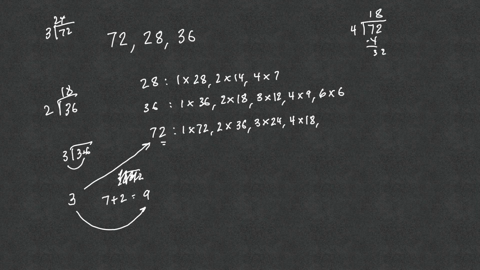What about 6? Well, let's see. Oh, remember this rule? 6 goes into numbers only if 3 goes into the number and 2 goes into the number. If 2 works and 3 goes in also, guess what? 6 will work. Does 2 go into 72?